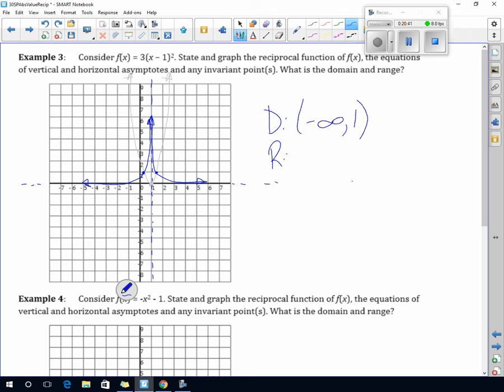Range. Do I include 0? Nope. 0 to infinity. Very good. Vertical asymptote: x equals 1. Horizontal asymptote: y equals 0. Make sure you're making the equations though. Don't just say 1 and 0, right?